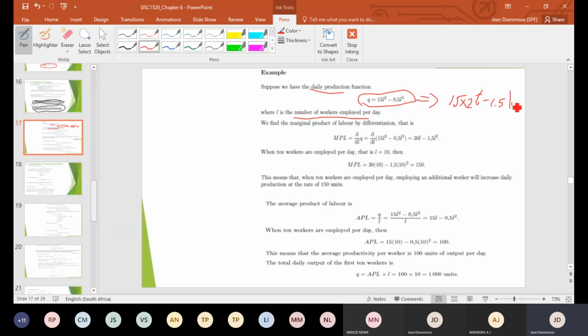T cubed times minus 1 gives me T squared. So here it would have been 30T minus 1.5 T to the power of 2.